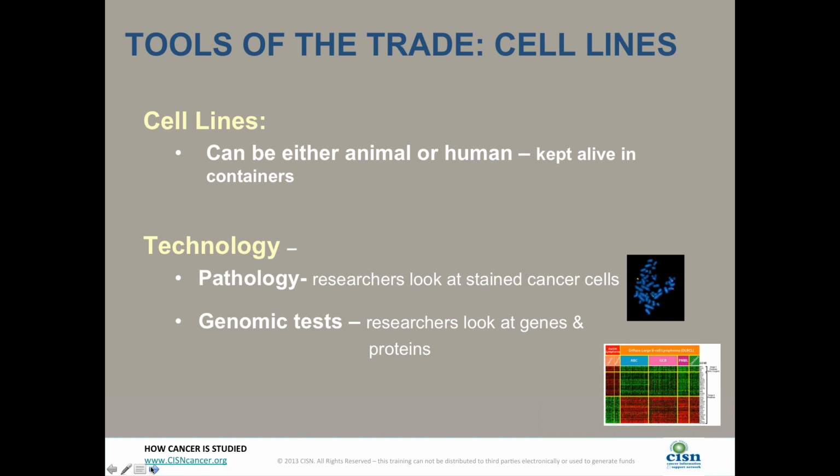So let's talk a little bit about the tools of the trade, and that's cell lines, and we'll talk a little bit more about that. They can be either animal. In fact, 20-some years ago, it was all animal. But we've now got human cell lines. They're kept alive in plastic containers. The technology is moving forward in all kinds of ways. But like Patty mentioned, I think it was the last one, pathology will always be involved.